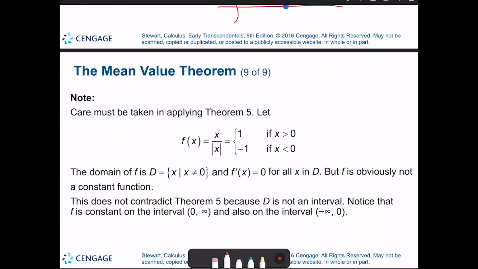And then our last slide pertaining to the mean value theorem says that there are some unusual functions out there, and you need to watch out for them because your knowledge of the details of the hypotheses that are parts of corollaries or theorems might really be tested.